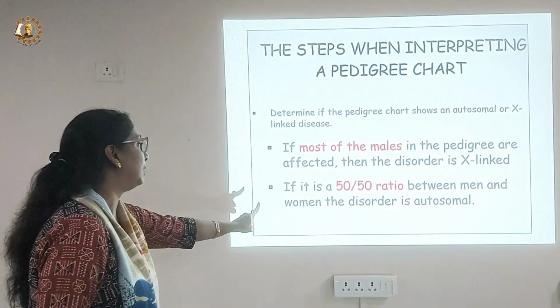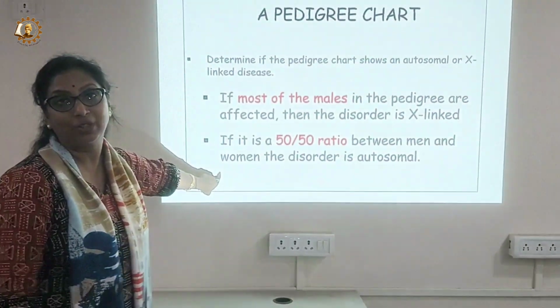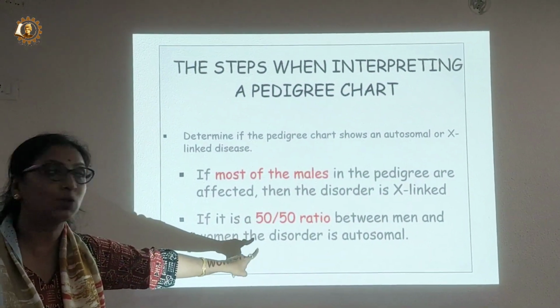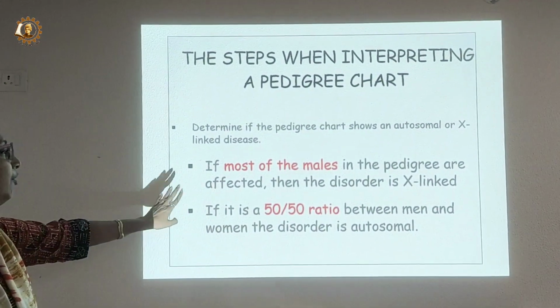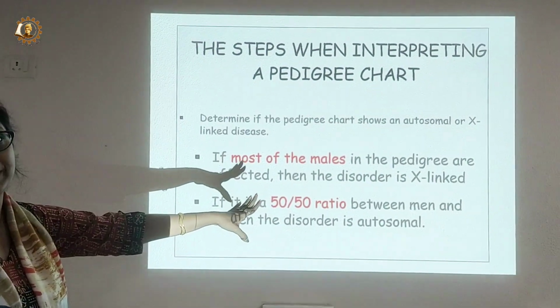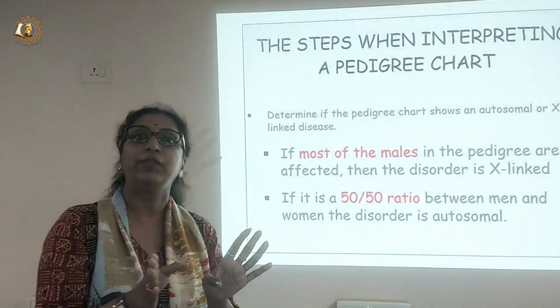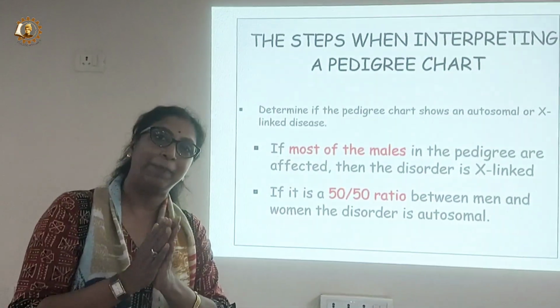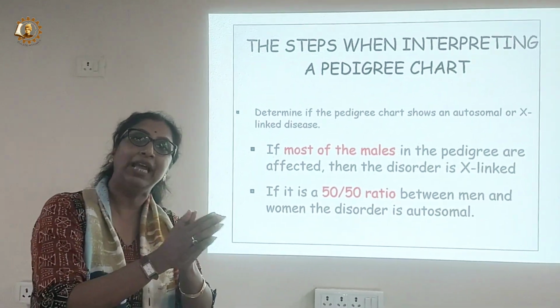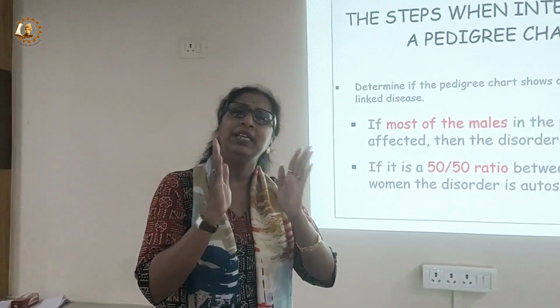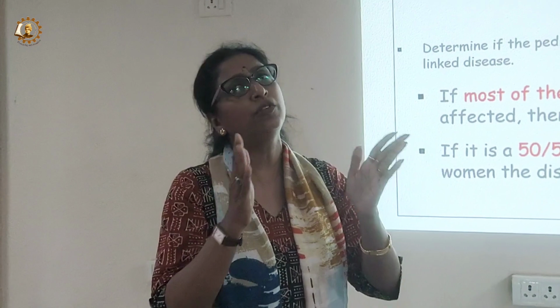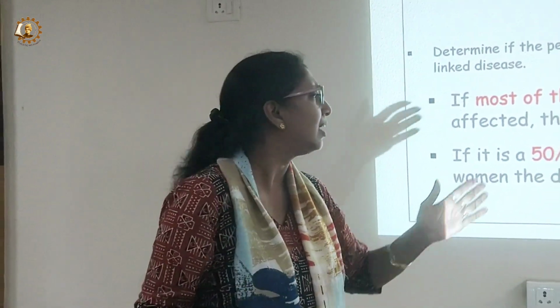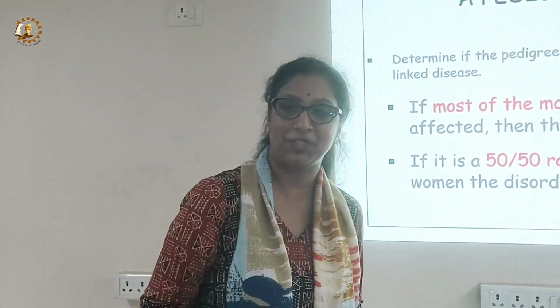And in the case of an autosomal disorder, there is a 50-50 ratio. That means of the total individuals within the pedigree, nearly equal numbers of males and females are affected due to the autosomal disorder.